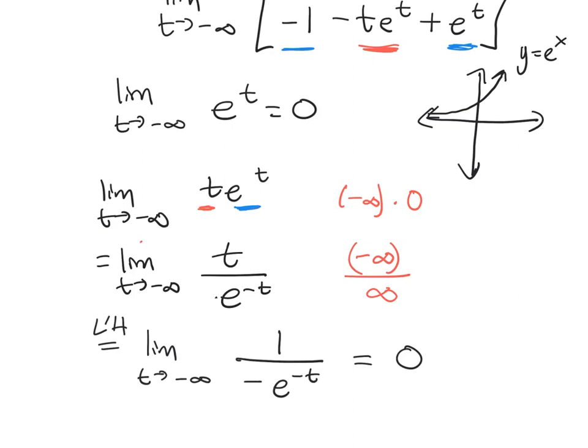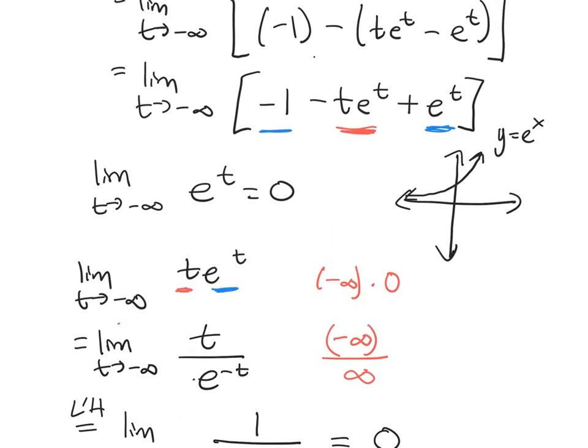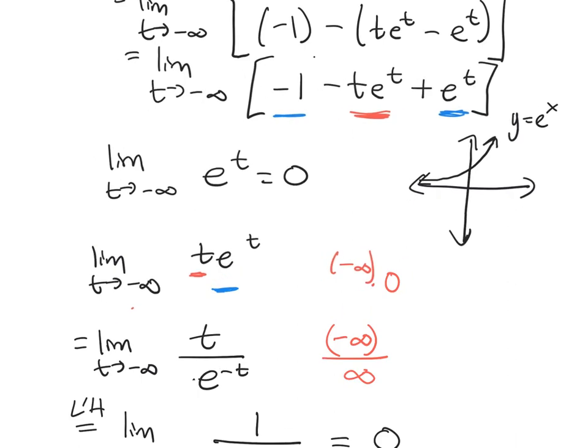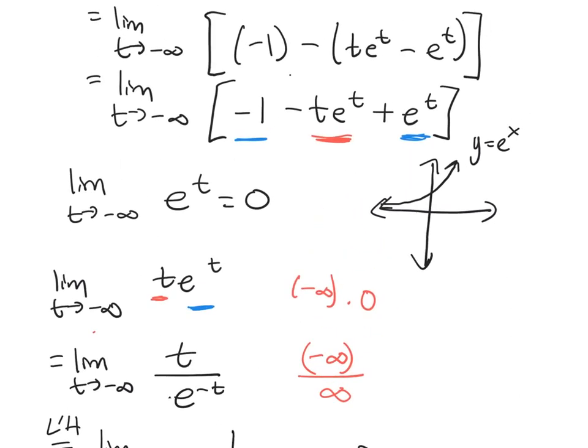Okay. So now I've calculated the limits of all three pieces that I need. If I look back at the top, here I had -1 minus this thing, but I've already calculated its limit. It was 0. And the e to the t, its limit was also 0.